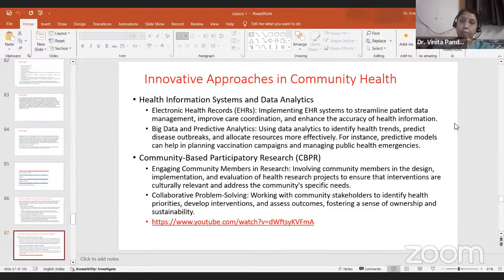They were trying to develop a trend: in which place the maximum number of cases are there, when there will be a peak, and after that peak how there will be a downfall in COVID related cases.